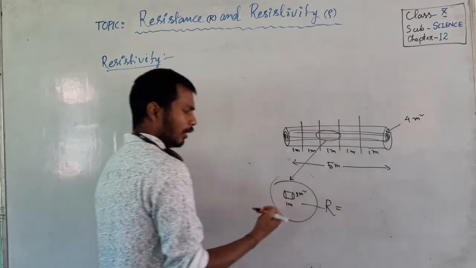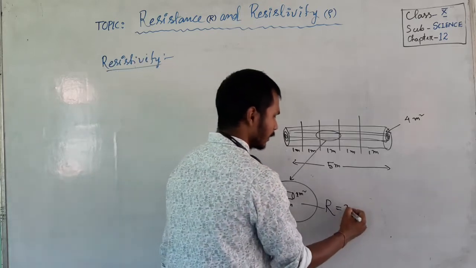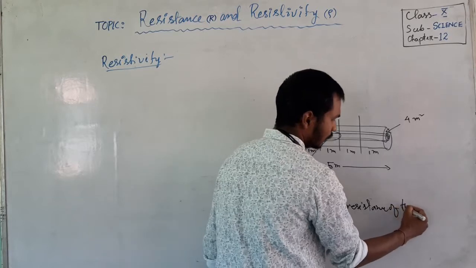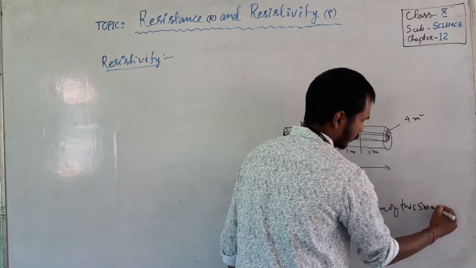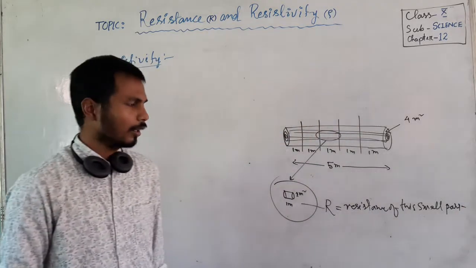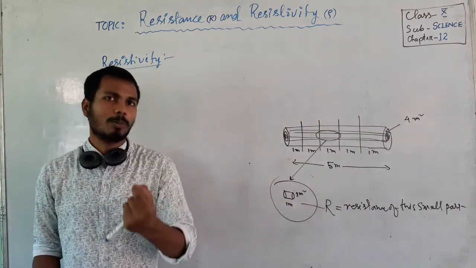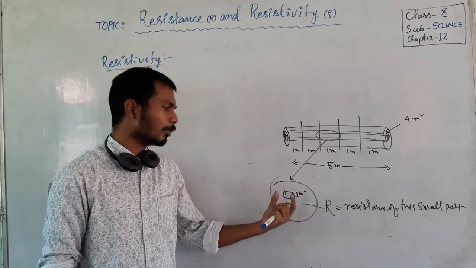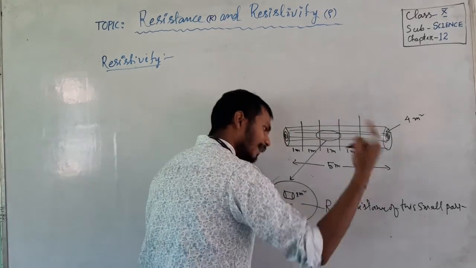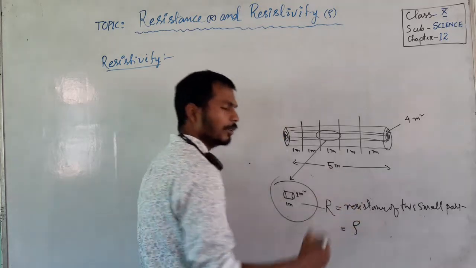So this R is equal to the resistance of this small part of the wire. Now if you measure the resistance of this small part, you will get a value of resistance. That resistance is actually resistivity.